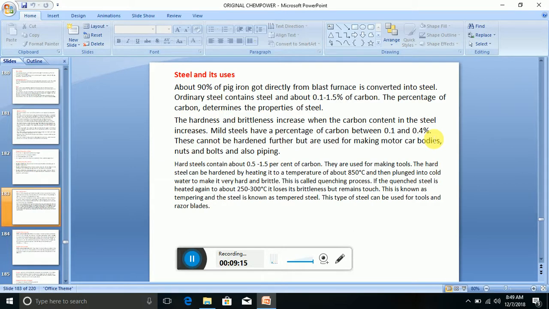If the quenched steel is heated again to about 250 to 300 degrees Celsius, it loses its brittleness but remains tough. This is known as tempering, and the steel is known as tempered steel. This type of steel can be used for tools and razor blade.